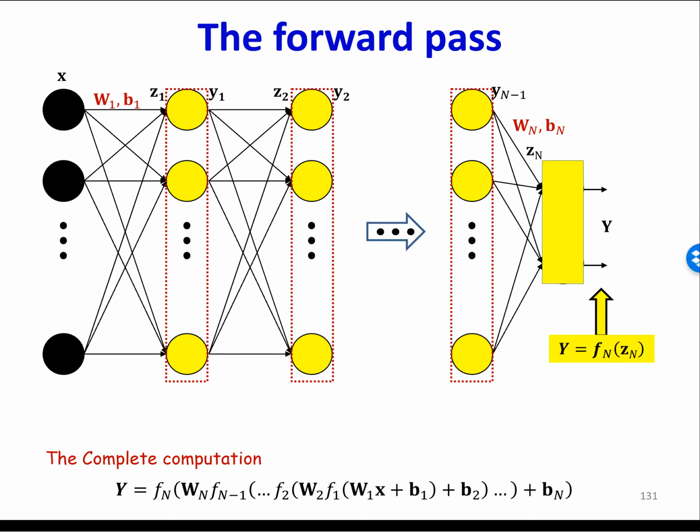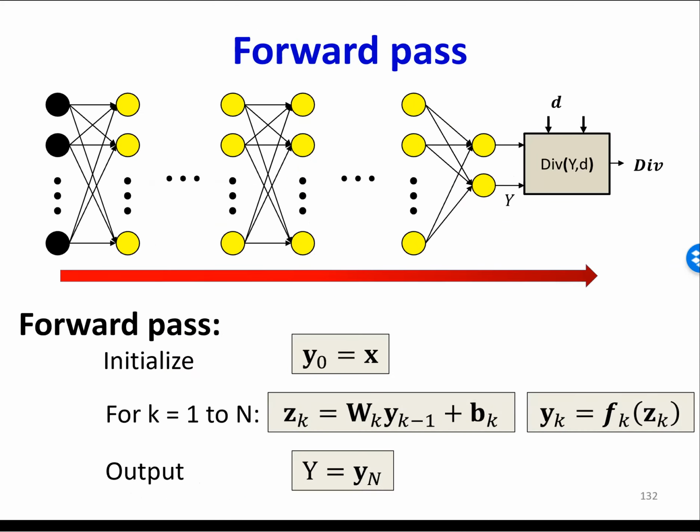The entire forward pass can be written like so. You set the 0th layer value to just be the input. Then you go forward through the layers, and at each layer, first you compute the affine value z_k, which is simply an affine function of the output of the previous layer, where the affine multiplier is the weights of the kth layer and the affine bias is the biases of the kth layer.